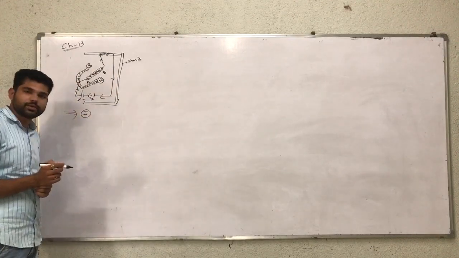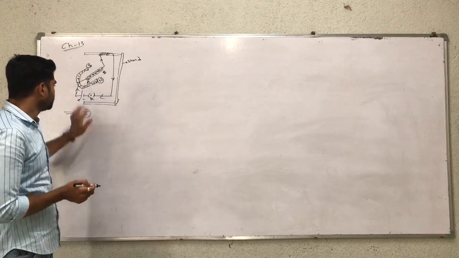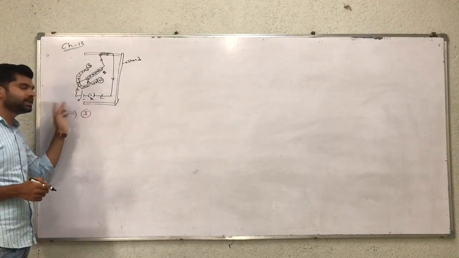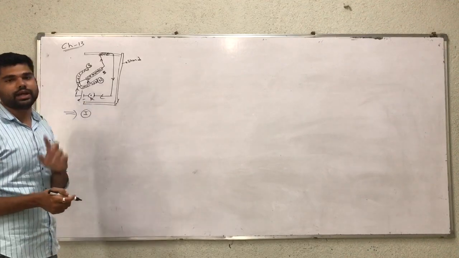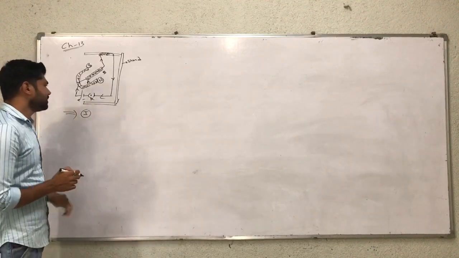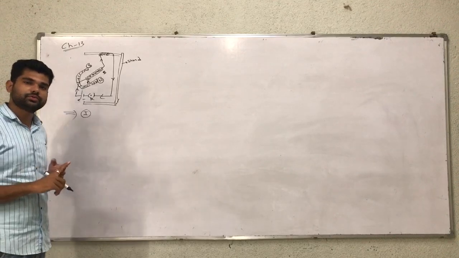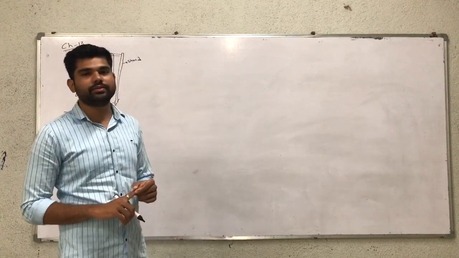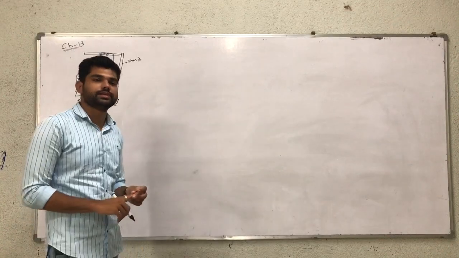After this, suppose we change the position of the electrodes, it means positive is converted into negative and negative into positive. We observe that the direction of electric current changes, so the direction of force is also changed.